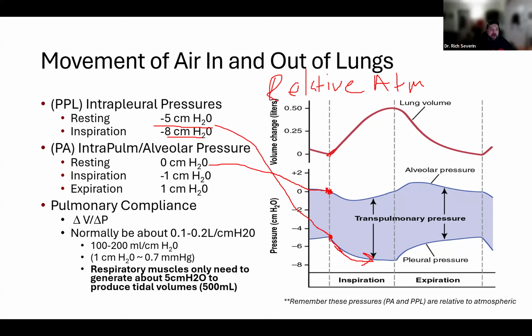And we start seeing alveolar pressure begin to drop. The pressure in the lungs drops to -1 relative to atmospheric. If the pressure in the lungs is lower than atmospheric, air will begin to flow in, because pressure goes from high to low. Atmosphere is 1 higher than what's in the lungs, and that causes air to flow into the lungs.